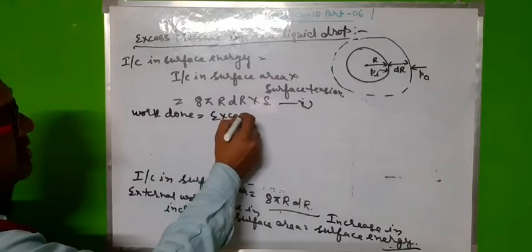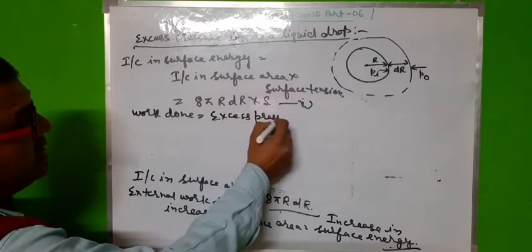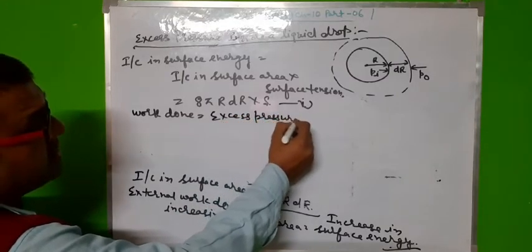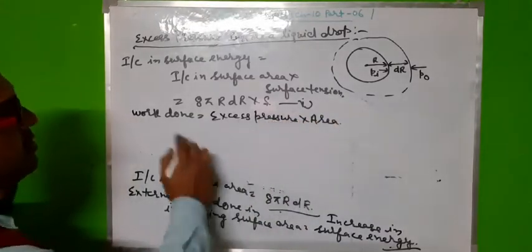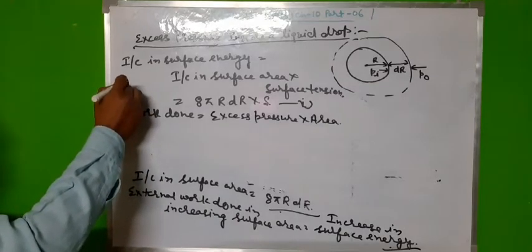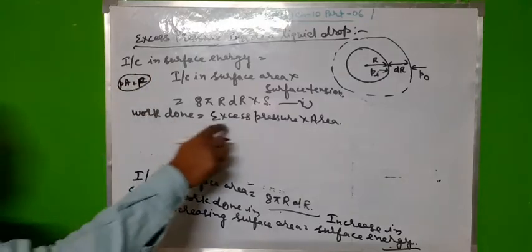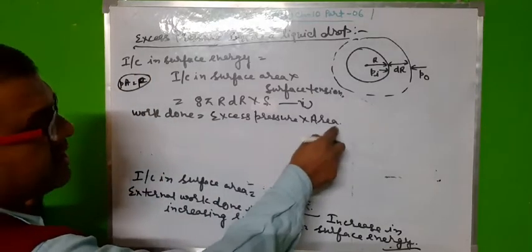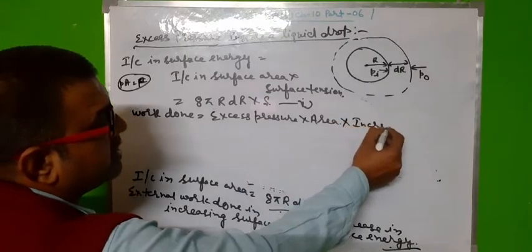Look here students, excess pressure into area is equal to force. Pressure into area is equal to force. So work done is force into increase in radius.